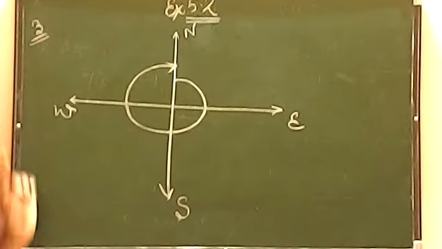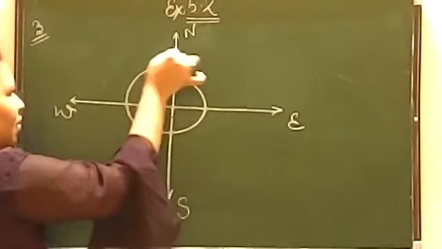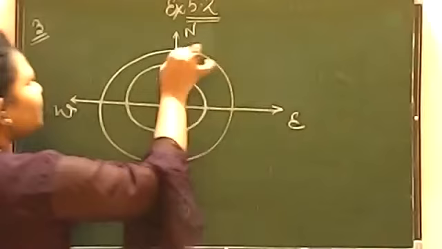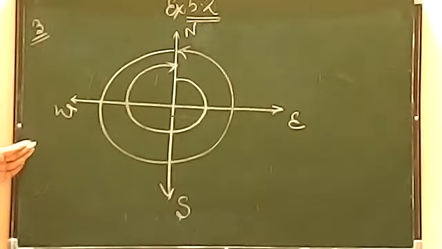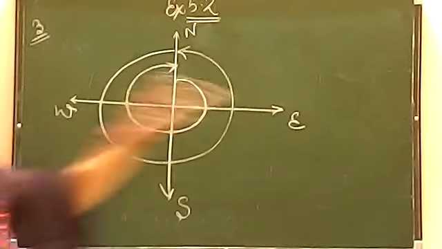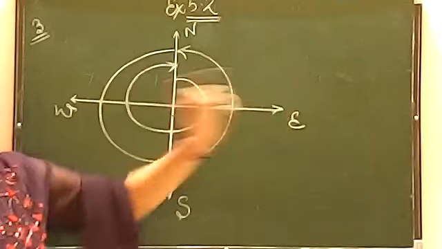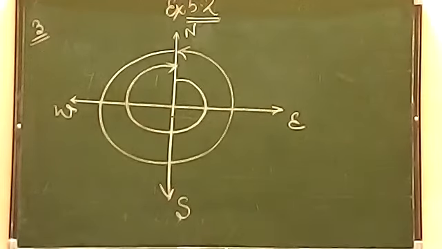When you talk about anti-clockwise, you start from north and you start coming in this direction, towards the direction of west. And when you are doing clockwise, you are moving towards the direction of east. So when you are doing anti-clockwise, you are moving towards the west direction.